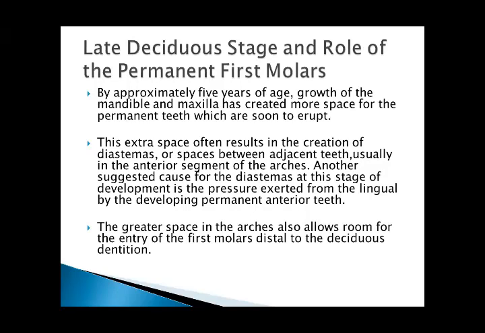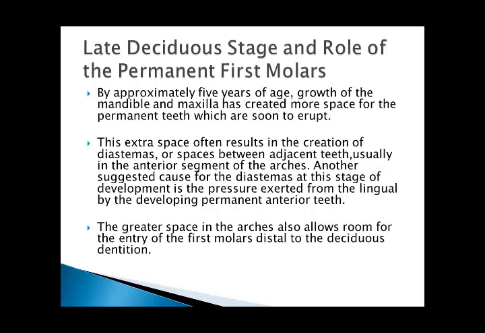Growth of the mandible and maxilla has created more space for the permanent teeth, which will soon erupt. Extra space often results in the creation of diastemas, or spaces between adjacent teeth, usually in the anterior segment of the arches.